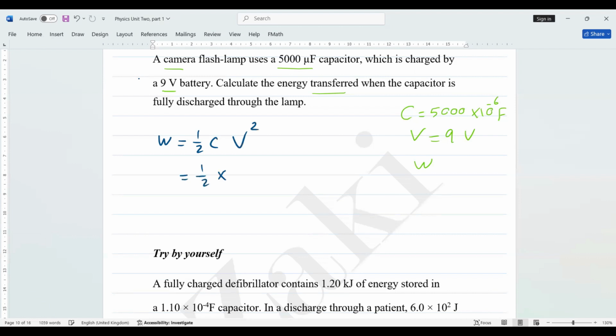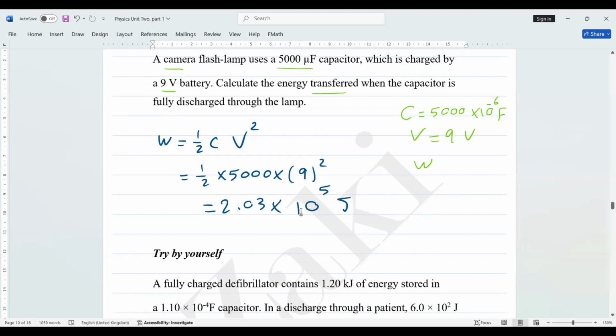It's half multiply C, 5,000, multiply bracket 9 squared. Now we can get the answer. Half multiply by 5,000 multiply by 9 squared. So the answer is 2.03 multiply 10 to the power 5 and the unit is joule.